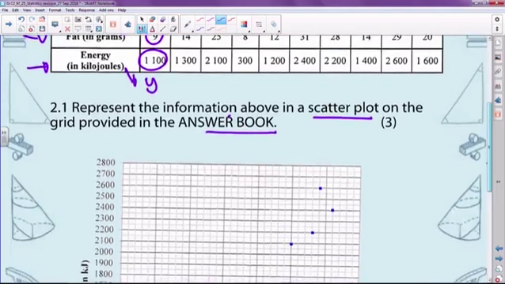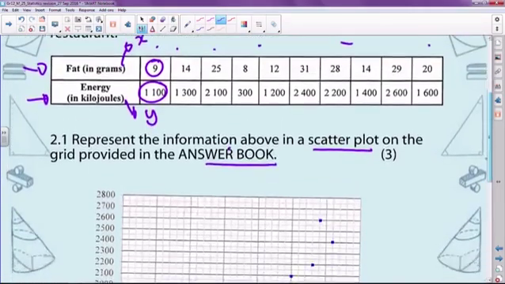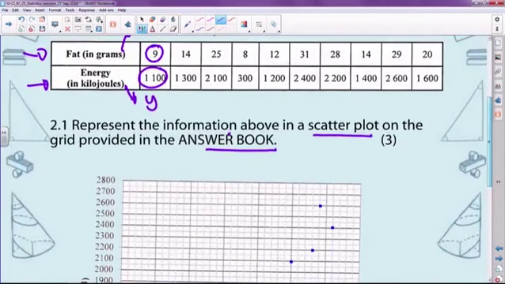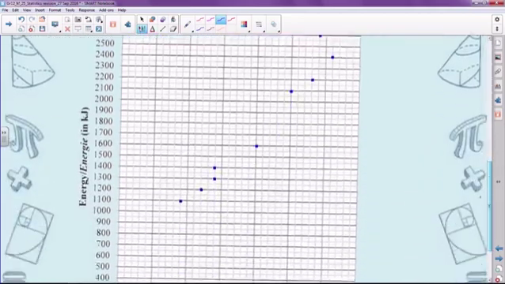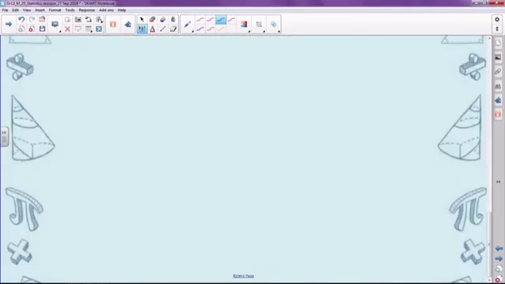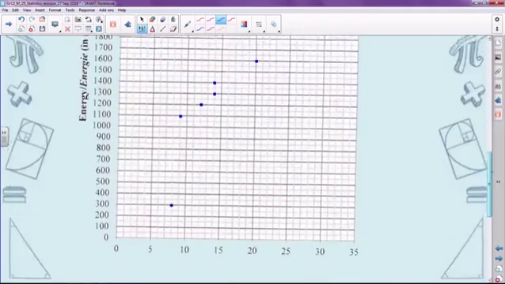All right, so I've already plotted these points for you so that it's easier for us to go through this question together. So for example, when I look at fat of 9 grams, I see that the energy released is 1,100 kilojoules. So on your graph paper, you'll see where we have a value of 9 on the x value, or the fat value, and remember you must label your axes.